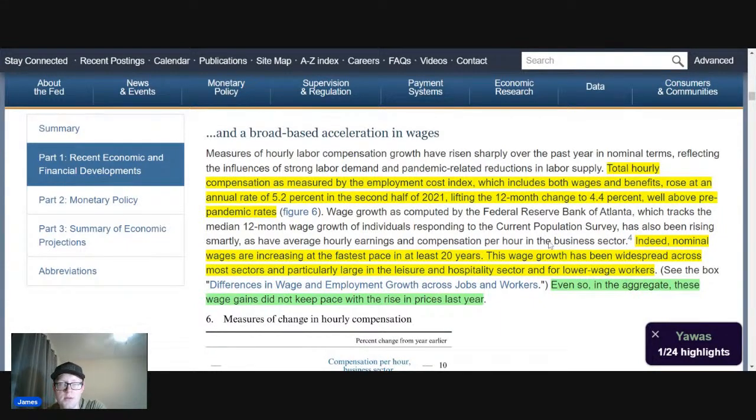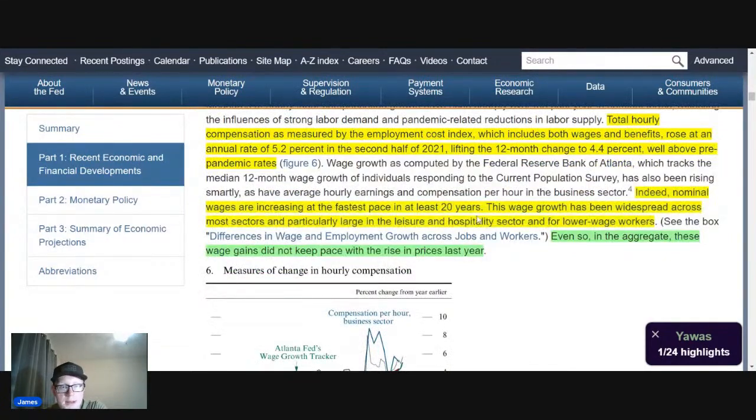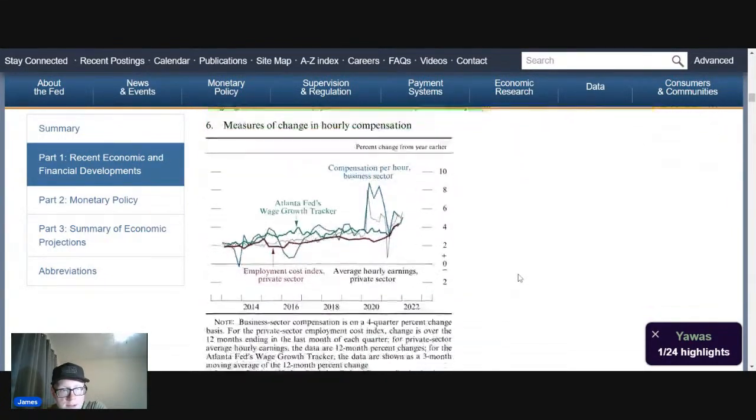They're free to you depending on the benefit package, and there's a bunch of variables there. But anyways, it rose at an annual rate of 5.2% in the second half of 2021, well above pre-pandemic levels. And this is figure 6.